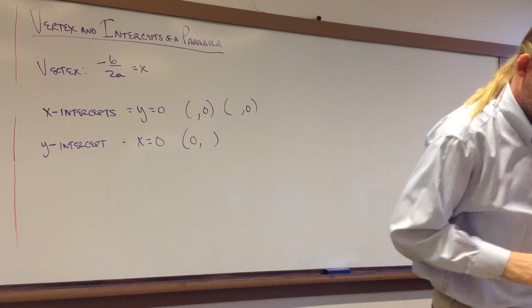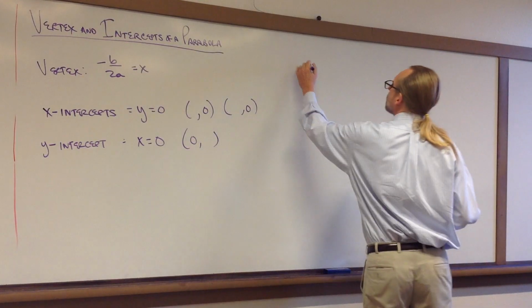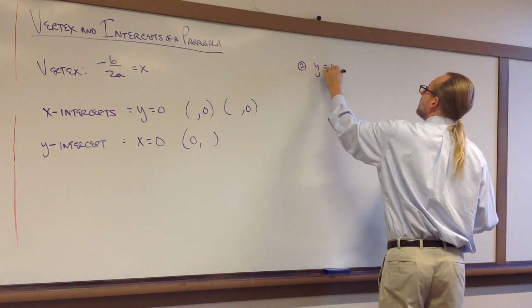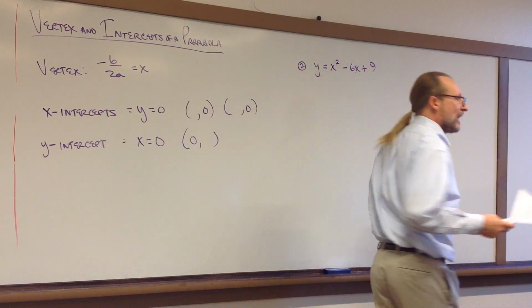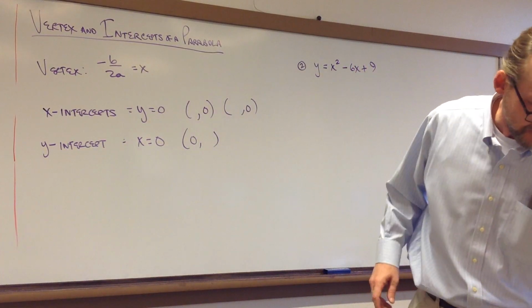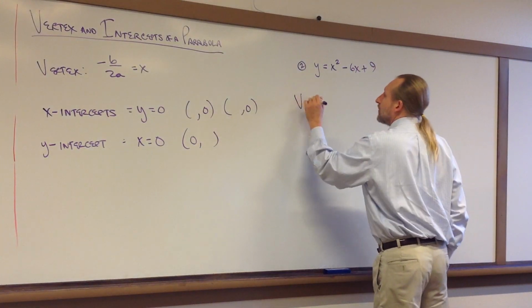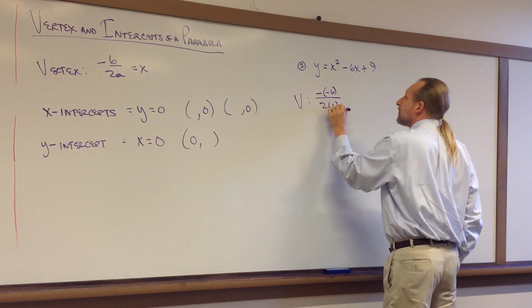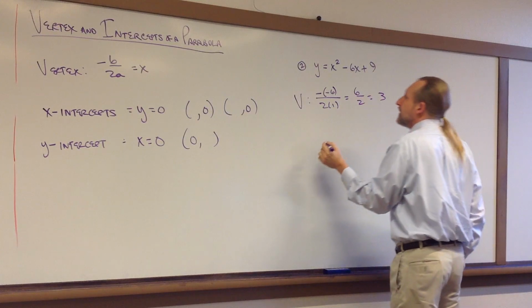Problem 2 says y equals x squared minus 6x plus 9. So, first off, the vertex. We want to do negative b over 2a, so that's positive 6 over 2, which is 3.